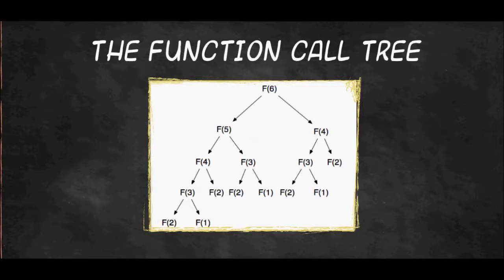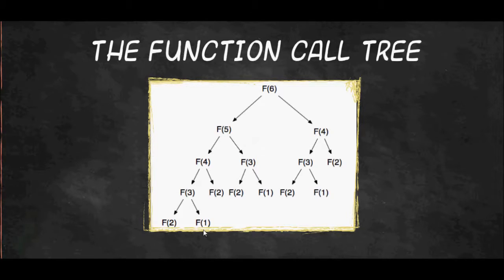Now let's take a look at the function call tree. Let's assume we have to find f of 6. So to find f of 6, we first need to find f of 5 and f of 4. In turn, to find f of 5, we need to find f4 and f3. To find f4, we need to find f3 and f2.